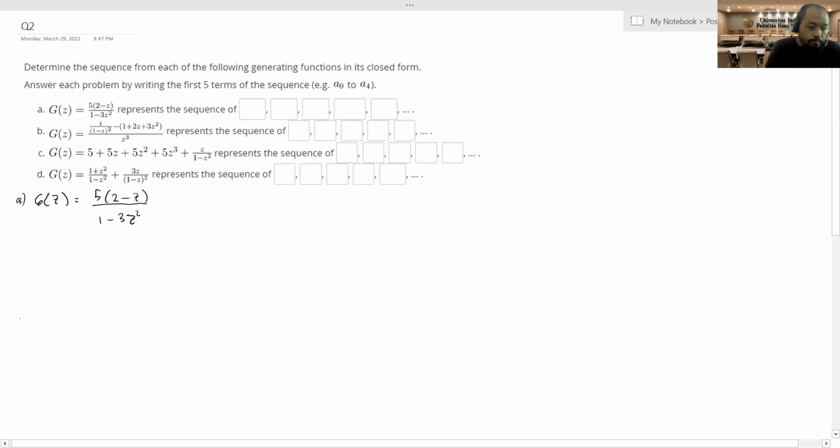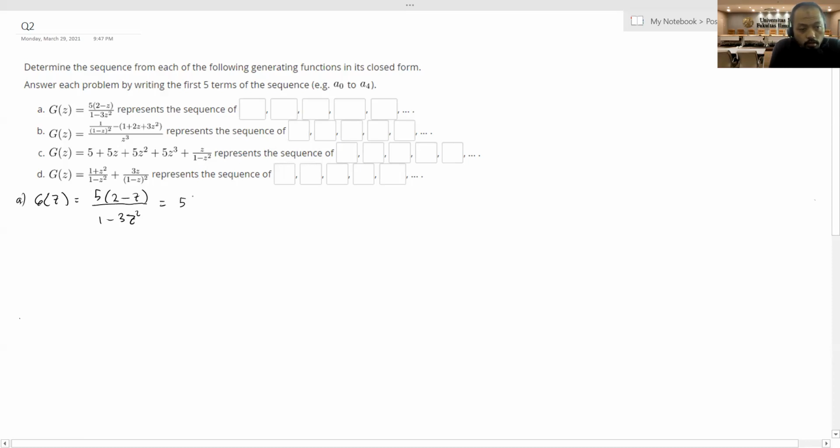One way to do it is we look at the denominator and try to transform that denominator into an infinite summation form. So here's what we do.